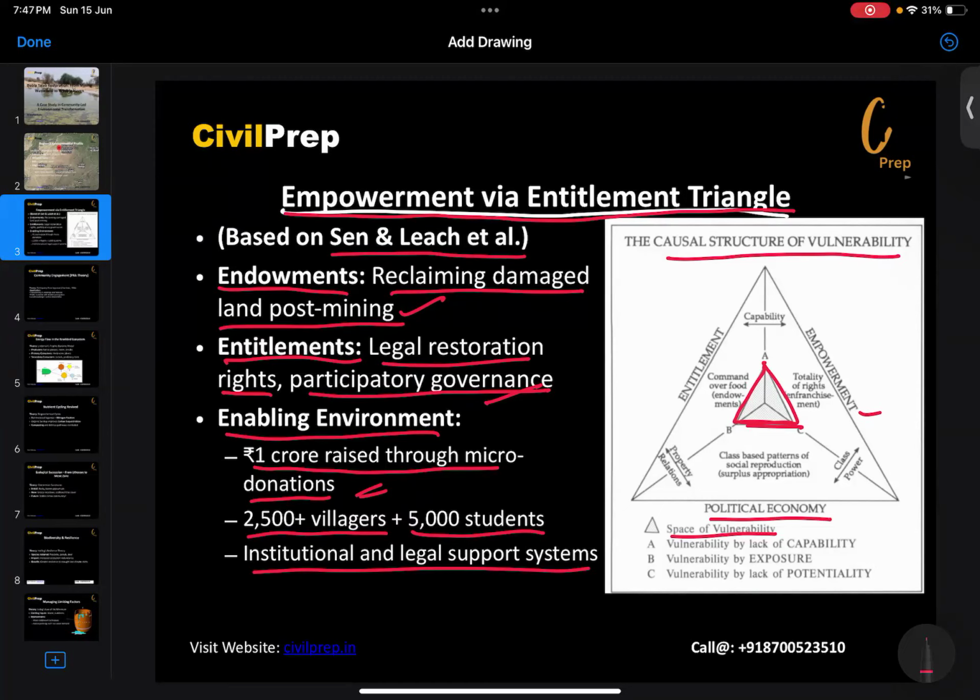So this is one important aspect which everyone should know, and this is also one of the parts which you need to know.